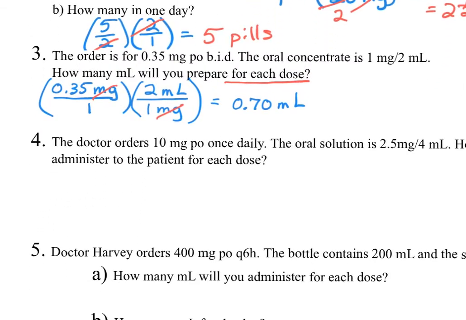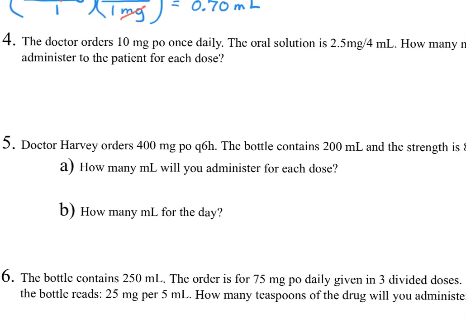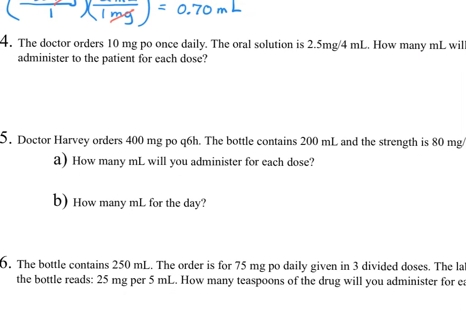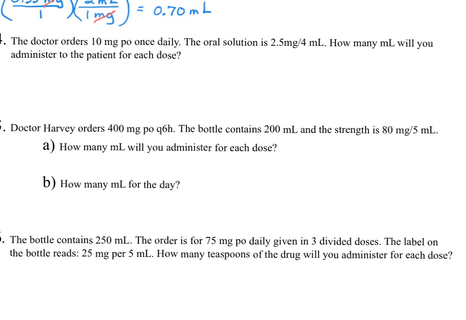Moving on. The doctor orders 10 milligrams by mouth once daily. The oral solution is 2.5 milligrams per 4 milliliters. How many milliliters will you administer to the patient for each dose?